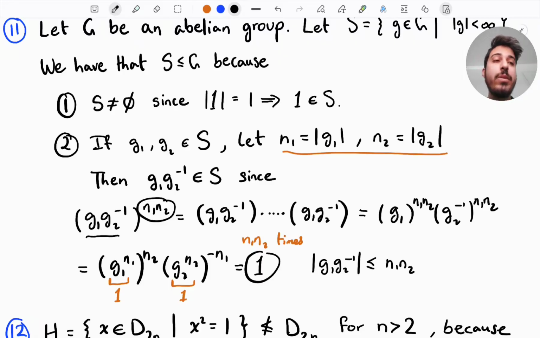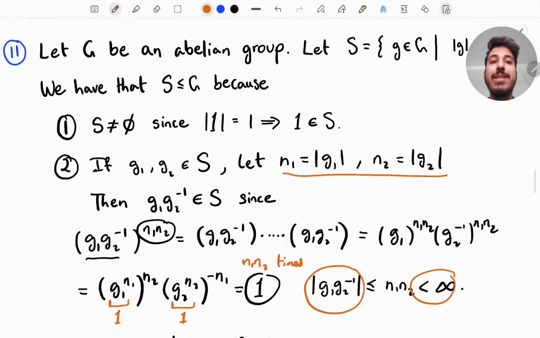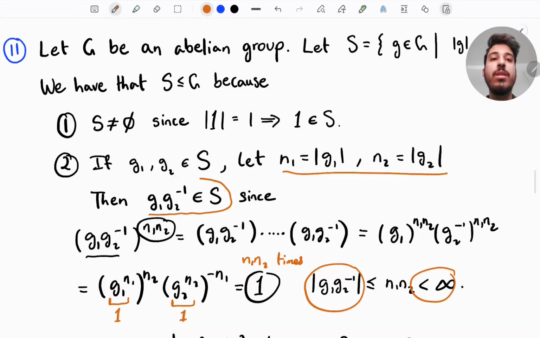So it is less than or equal to that power, but this is a finite number. So necessarily this order here is also finite, therefore satisfying the condition that says that G1 G2 inverse is an element in S. Therefore, completing the verification of S being a subgroup of G using the proposition above.